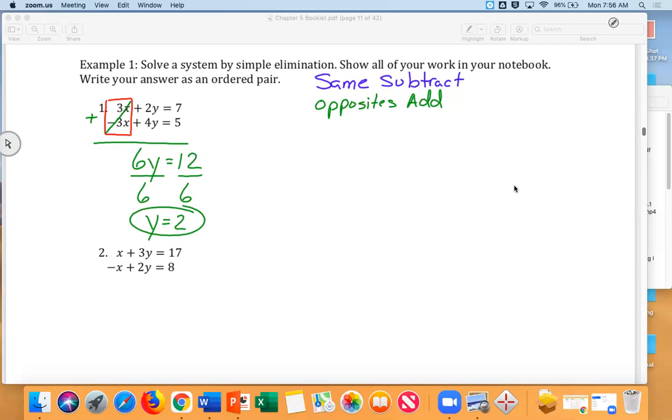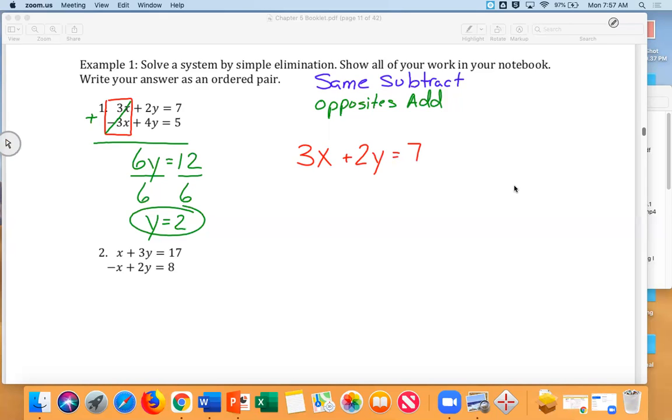But here, what I need to do is I need to get x. Now, Sophie, do you like the top equation or the bottom equation? Top. And there was no wrong answer. So we're going to take the top equation, which is 3x plus 2y equals 7.